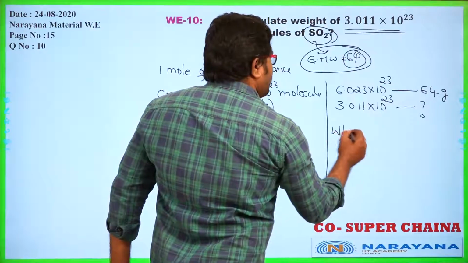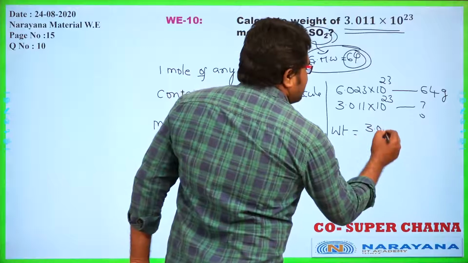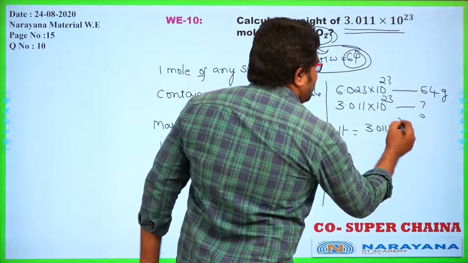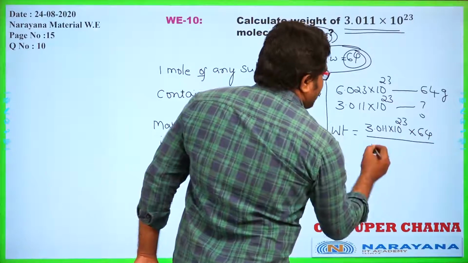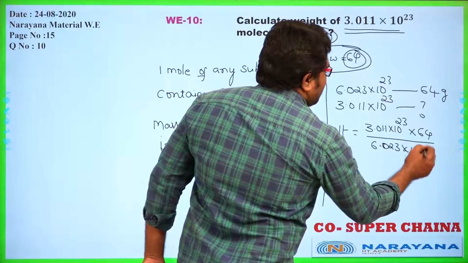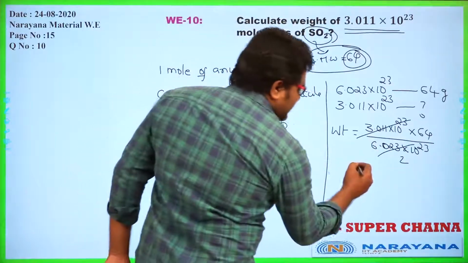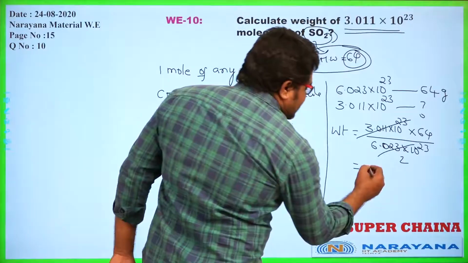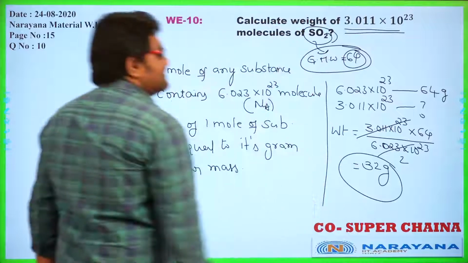So weight should be equal to 3.011 into 10 power 23 into 64 divided by 6.023 into 10 power 23. It cancels approximately 2 times. Then that is equal to how much? 32 grams. That is the answer.